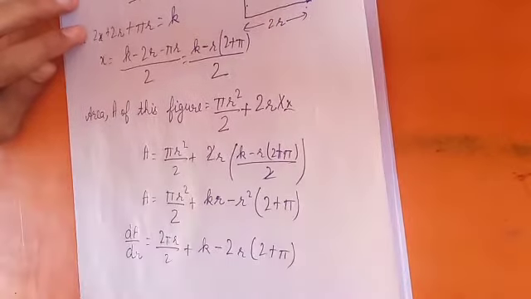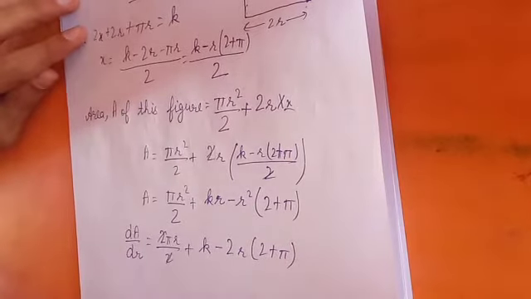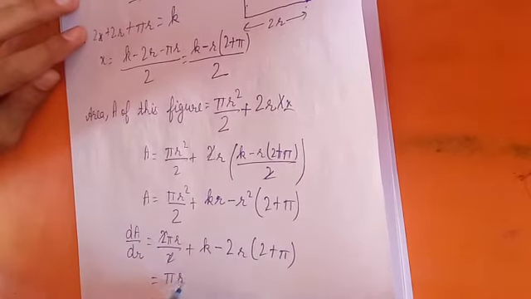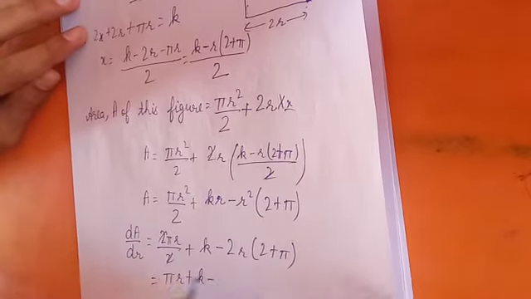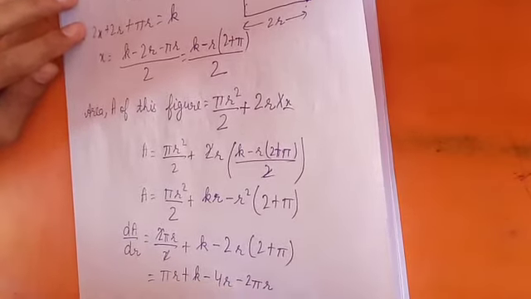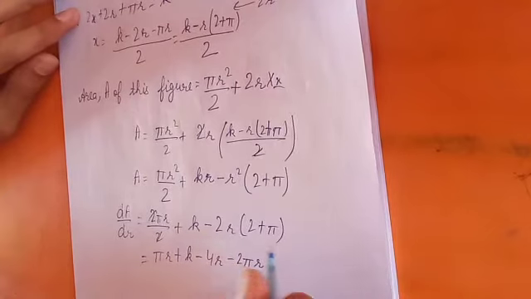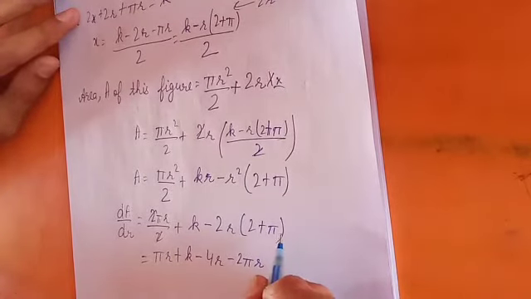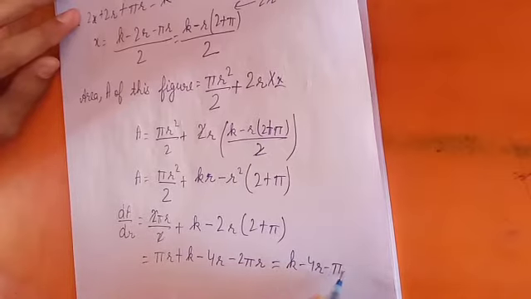This 2 cancels this 2, so it is equal to pi r plus k minus 4r minus 2 pi r, that is equal to k minus 4r minus pi r.